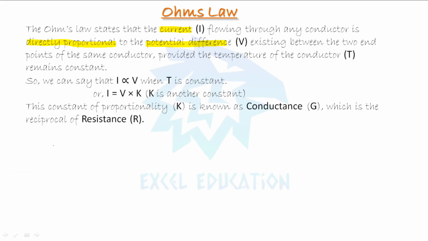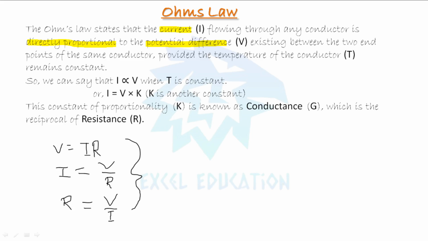They are: V equals IR, this is the first one; I equals V by R; and R equals V by I. These are the three basic forms of Ohm's law.